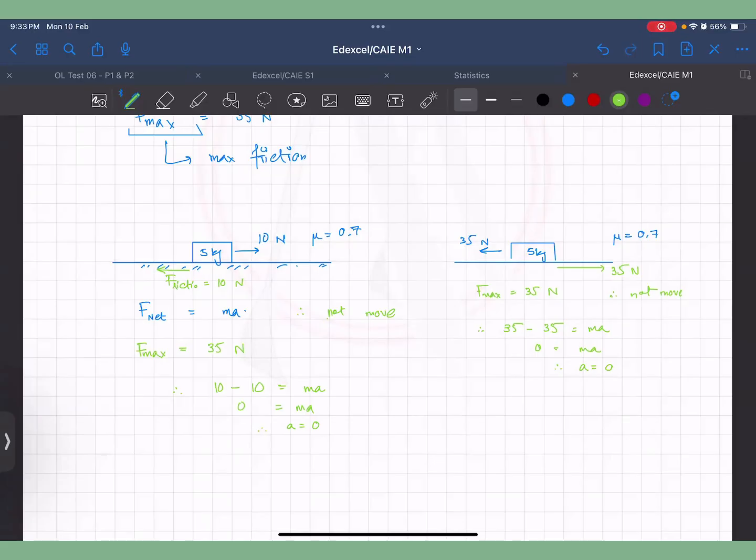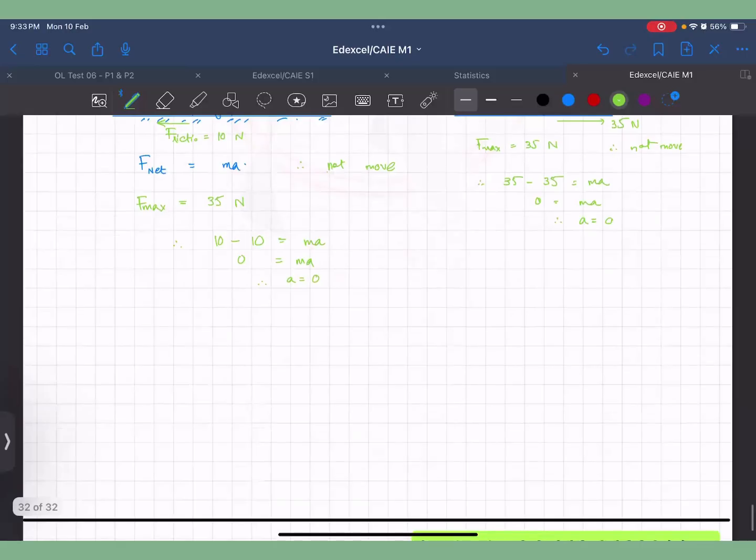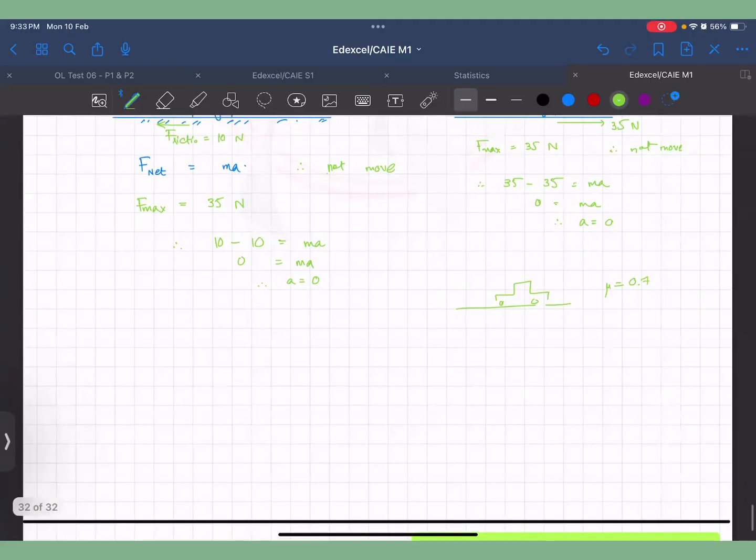Now let's suppose it is a car. There is the weight of the car, and there is a coefficient of friction between the tires of the car and the road. So initially when you start pushing the car, you slowly increase your force.